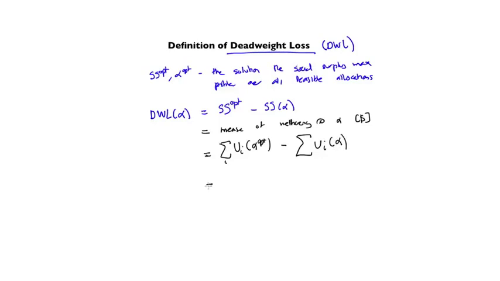And if you remember the results from last section, we can also rewrite this as the difference between two terms: the sum over all benefits of whatever the consumers get at the optimal allocation, minus the sum of the cost of producing whatever is produced by every firm at the optimal allocation, and that subtracted minus the same thing, this difference between total benefits and total cost at the allocation alpha, that we're going to denote by this.